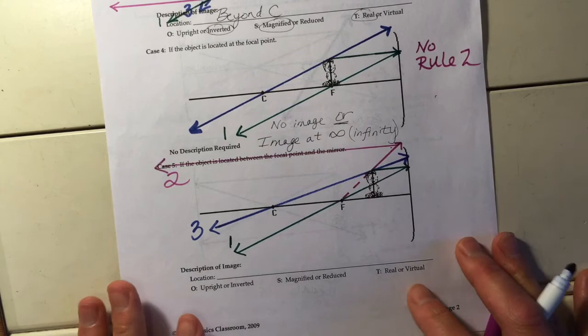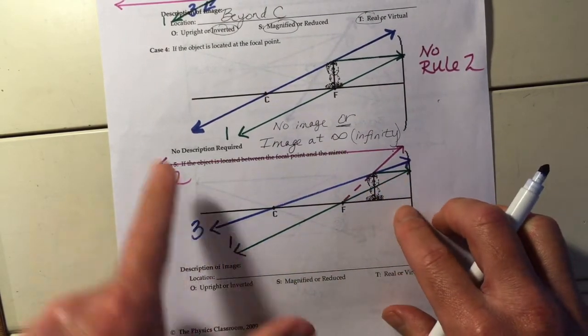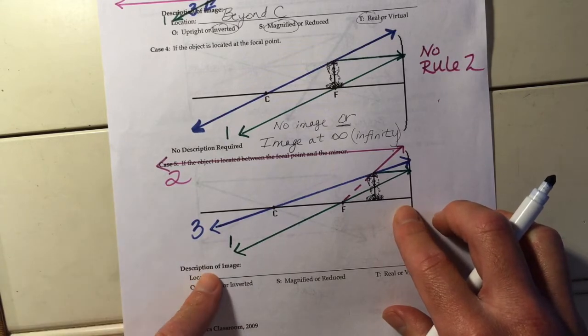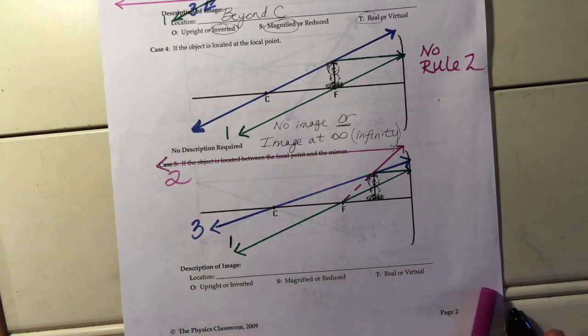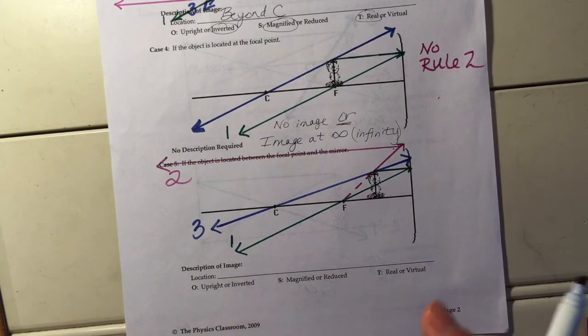But it's pretty obvious that all three of these rays, 1, 2, and 3, are never going to hit. So remember what we did when we ran into this case before? We asked, where do the rays come from? They come from right here, but where do they appear to come from? And so what we do is we follow them back.